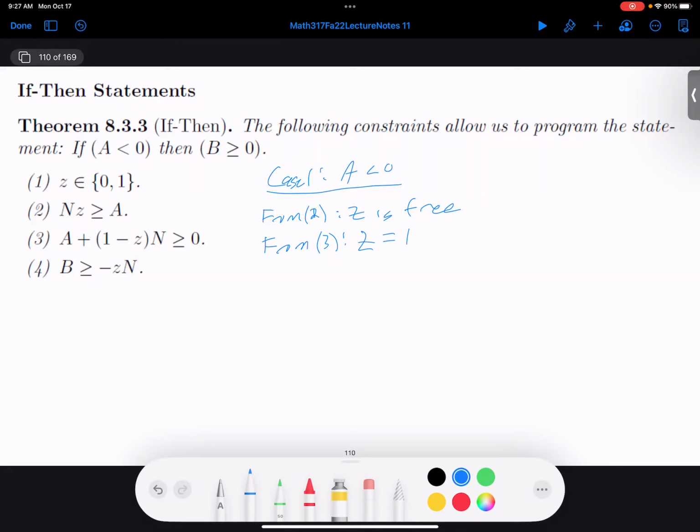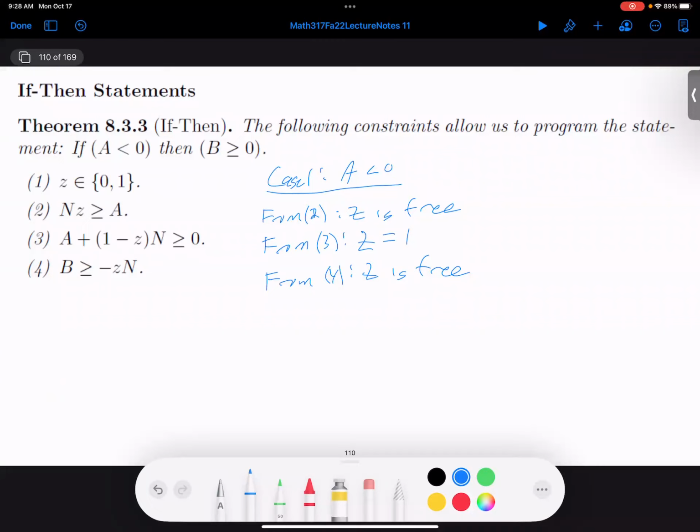And let's look at 4. B is greater than or equal to negative z times n. Does that give us anything? So z is free. Because we know z has to be 1, the right-hand side is going to be negative n, and by assumption, b is going to be between negative n and positive n.